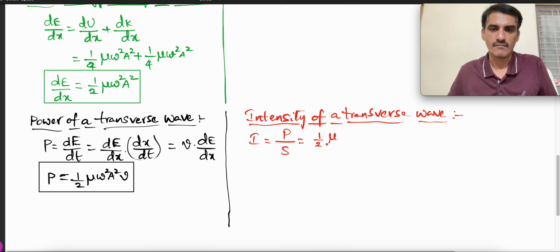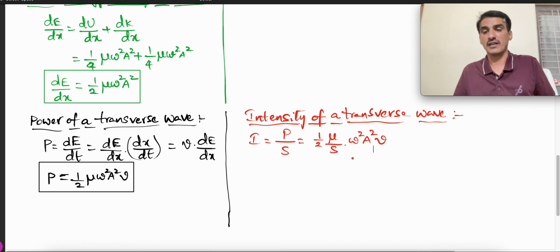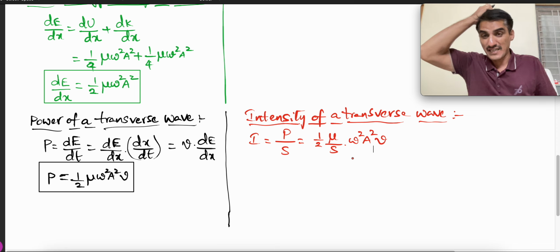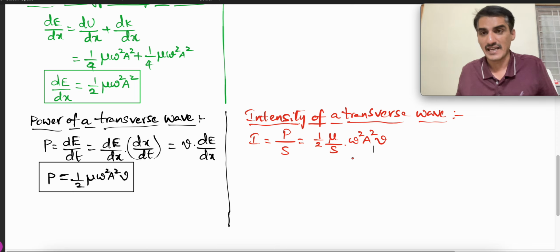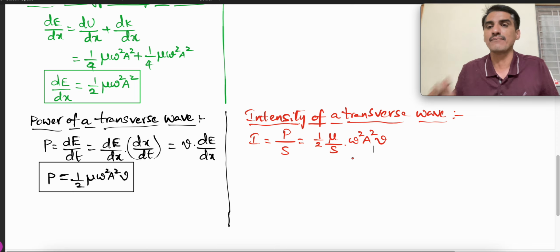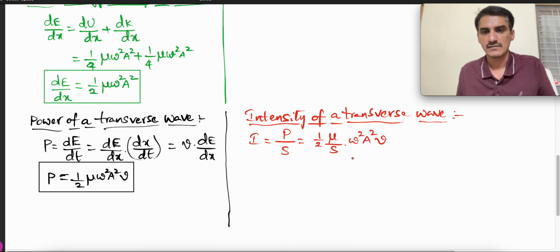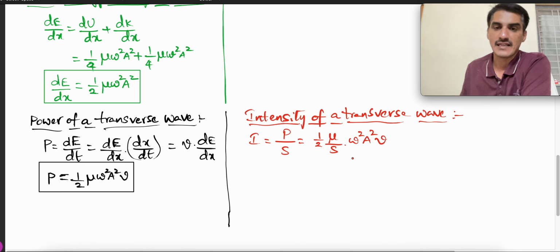If I write area as A, you may confuse it with amplitude. That's why I am writing it as S. S is the area of cross section. If I write area of cross section as A, then here also one A is there, which is amplitude actually.